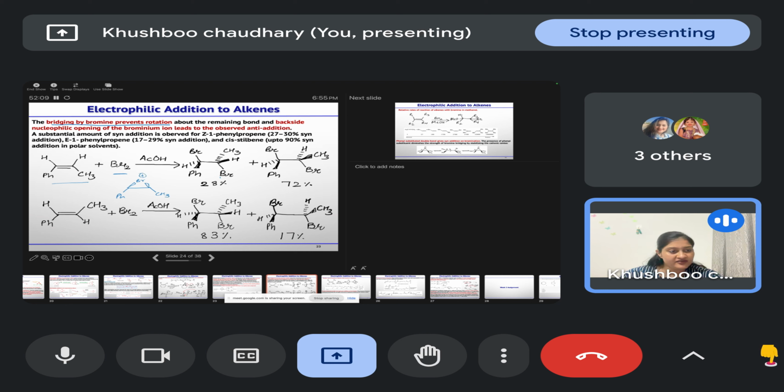Now, if we have to decide the rate of reaction of alkenes with bromine in methanol, we can say as the substitution on the alkene increases, the number of hyperconjugating structures will increase. And as the number of hyperconjugating structures increases, stability will increase, or reactivity will increase.